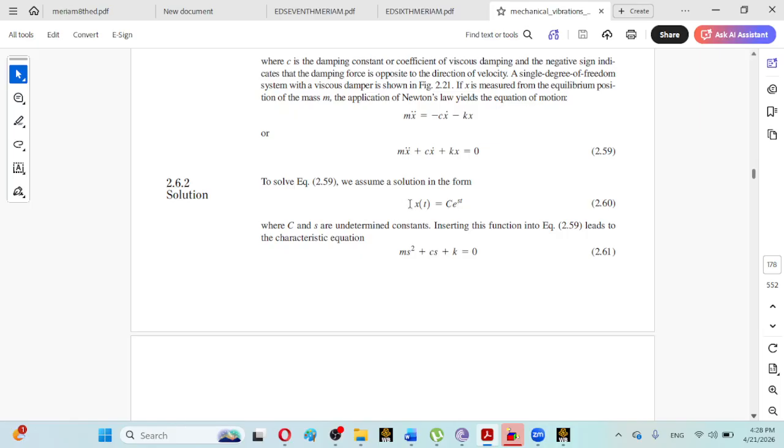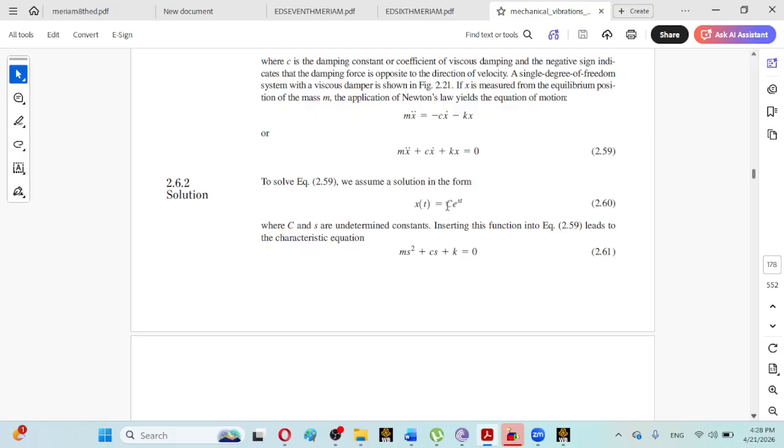As we did at the start of this chapter, when we take its first derivative, x dot(t) will be equal to s C e to the power s t, and when we take its second derivative, x double dot(t) is equal to s square C e to the power s t.